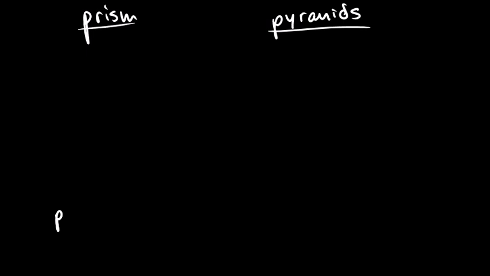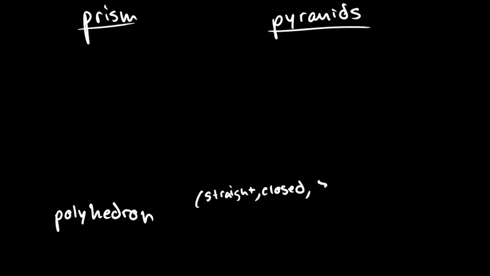The first being prism, and the second being a pyramid. Both are called polyhedrons. We go from polygons, where the requirements were straight sides, closed, and greater than or equal to 3 sides.